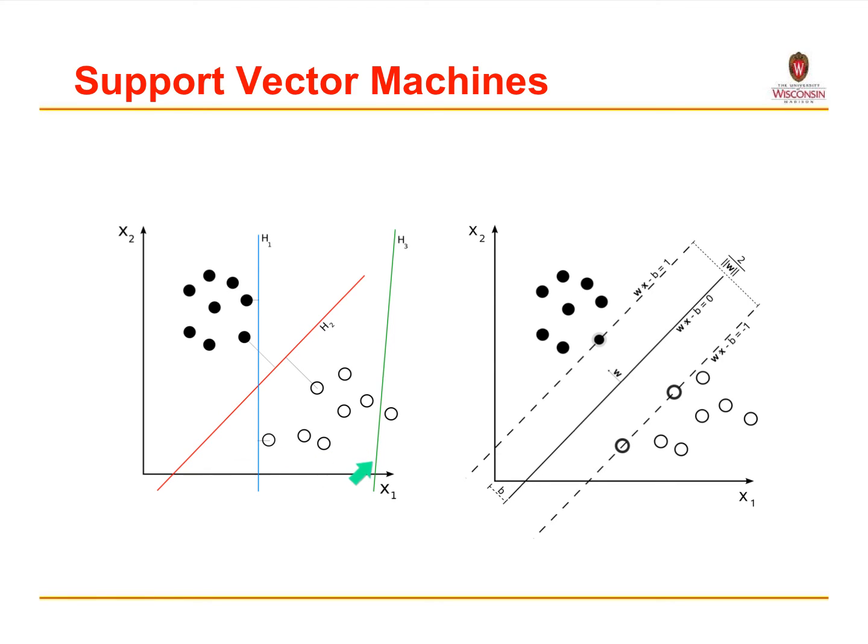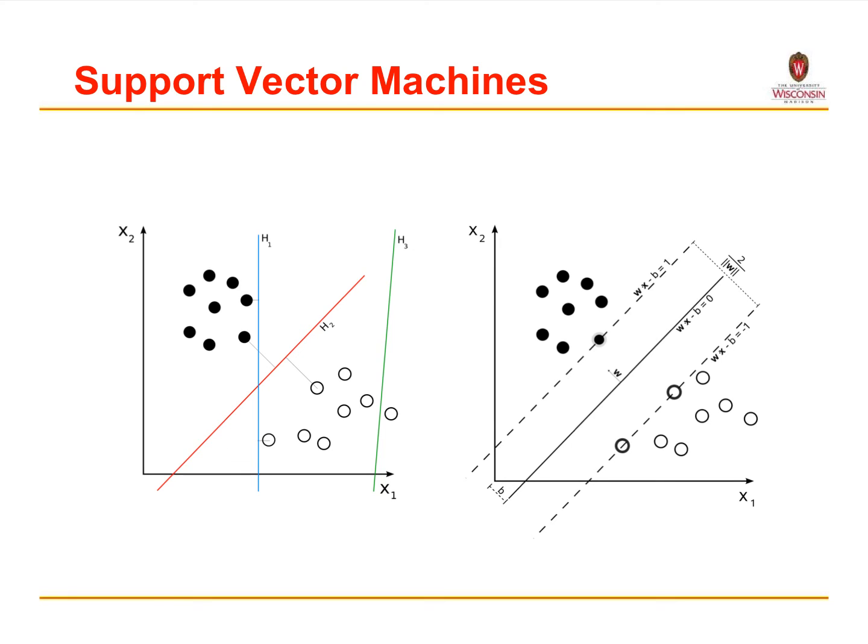In this example, you can see that this green line, H3, does not divide the two classes at all. But both the blue line and the red line do. And so which one is better? Well, most people can look at this and they'll say, H2 does a better job of dividing the space, separating the black points from the white points.